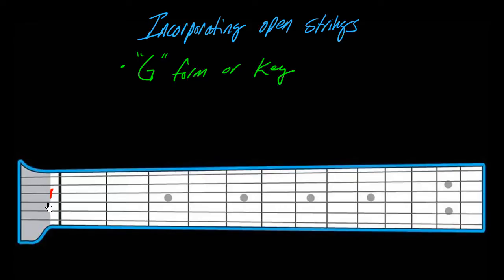But for this example, I'm only going to use this 1. I don't want to clutter it too much with too many open strings, which means I'm going to make sure that this D string is muted, this A string is muted, this low E string is muted. So this open G is going to be ringing all the time.